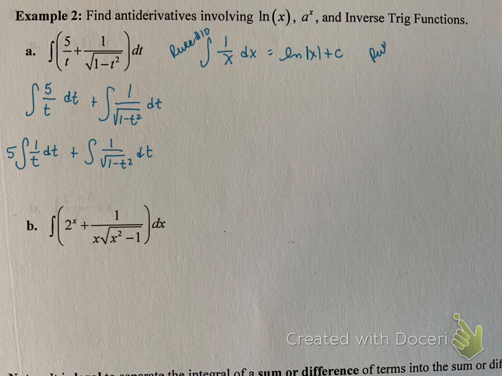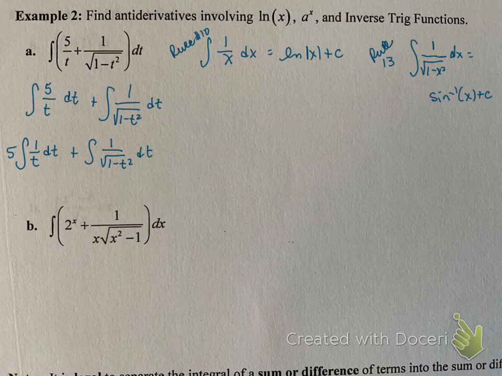There's another rule that we can look at. It's rule number 13 that matches up with that quotient 1 over square root of 1 minus x squared. So if you take the antiderivative of that in terms of x, it's going to equal inverse sine of x plus c. Okay, so let's go ahead and use rule number 10 and rule 13 to figure this out.